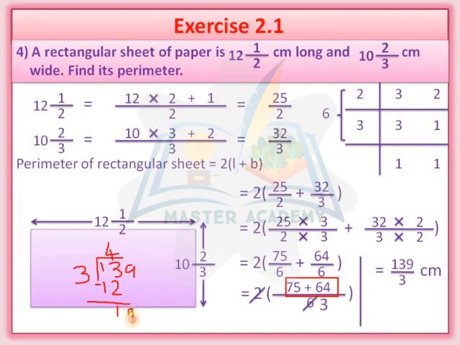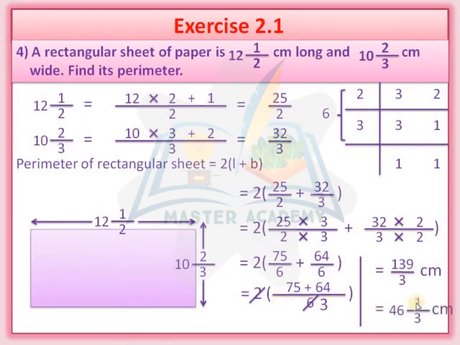Carry down 9, so 19. 3 fours are 12, 3 fives are 15, 3 sixes are 18. So you will get remainder 1 only. So what is the answer? 46 integer 1 upon 3 centimeter. It is your answer. Okay.